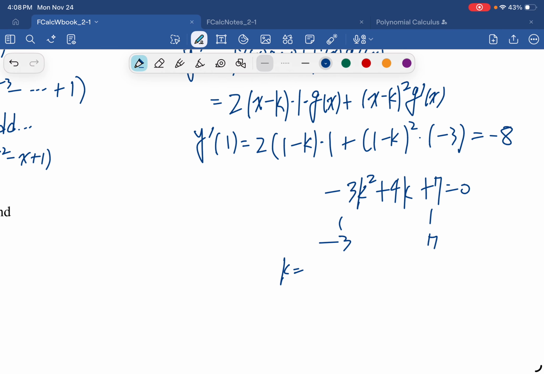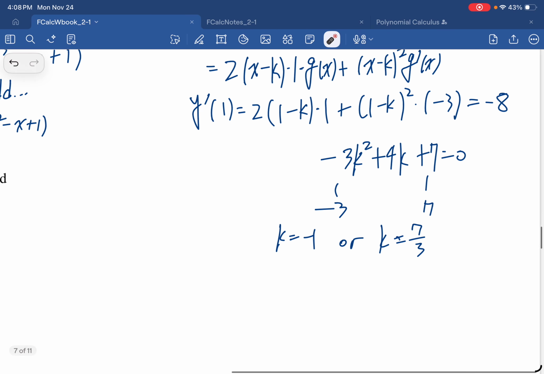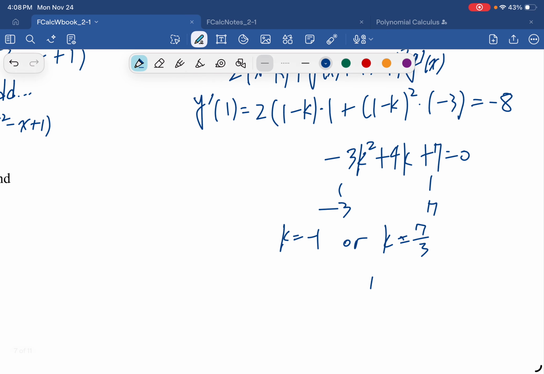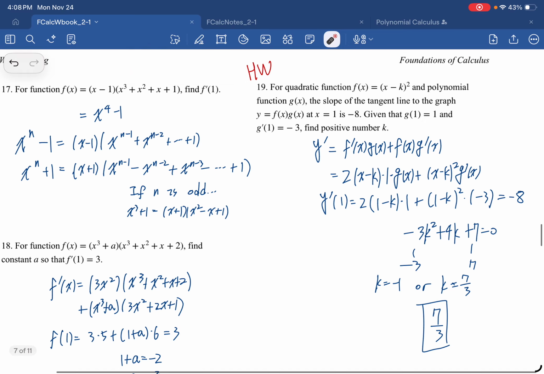So k equals minus 1, or k equals 7 over 3. It says find positive number k, so k has to equal 7 over 3, so that would be our answer here. Right, just the combination of the product rule and chain rule. Just take it step by step and don't let that throw you off.